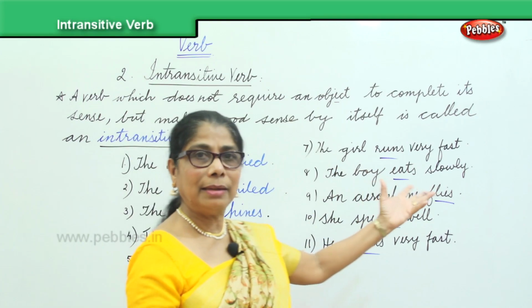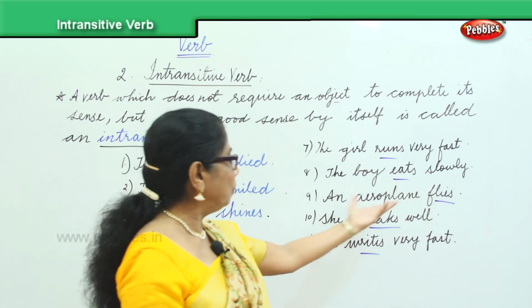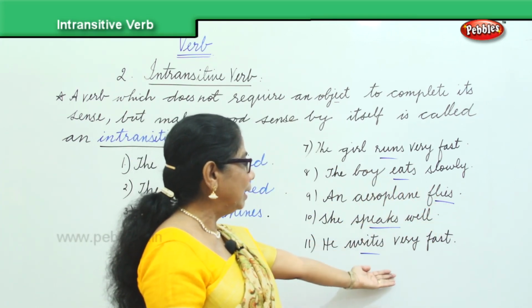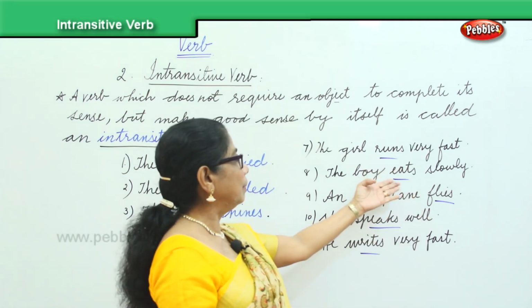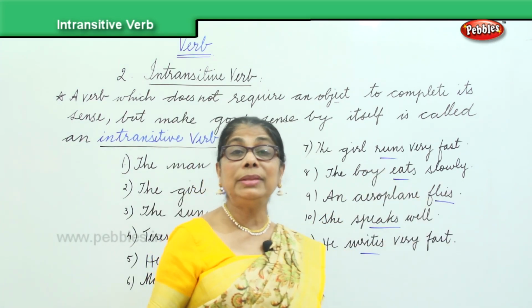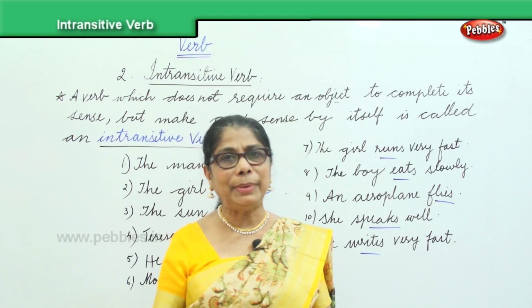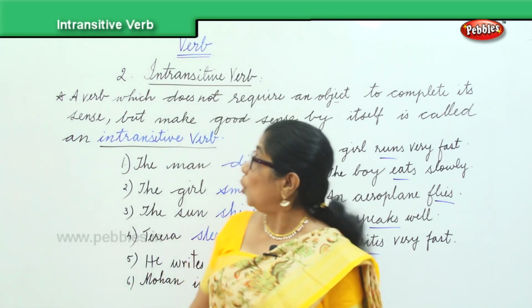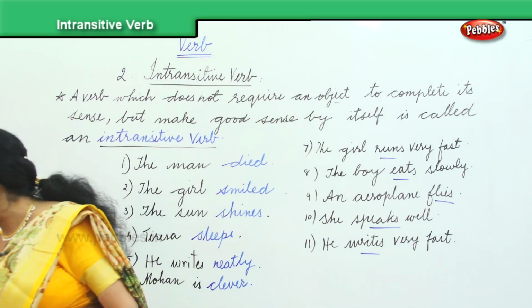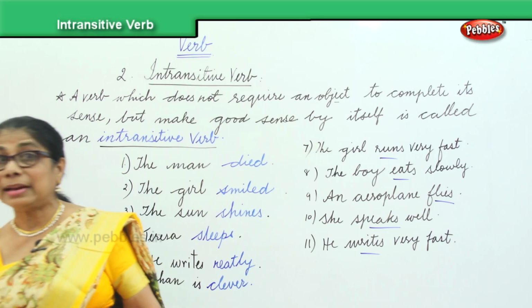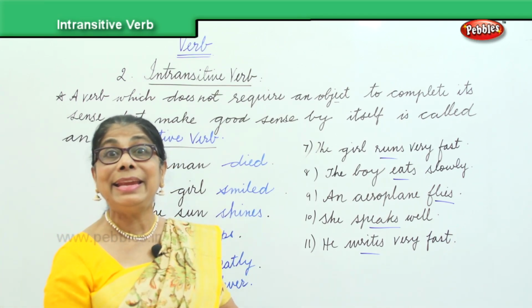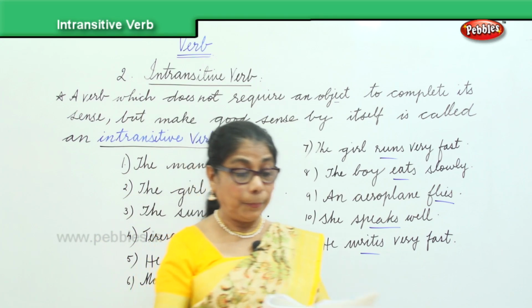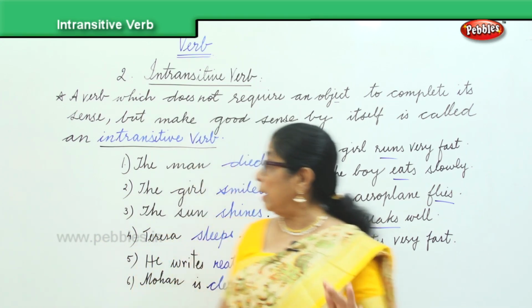The girl runs very fast. Airplane flies, he speaks well, he writes very fast. The boy eats slowly. All these make complete sense, and therefore we call it an intransitive verb. In the intransitive verb, we do not need an object. That's what we need to remember.